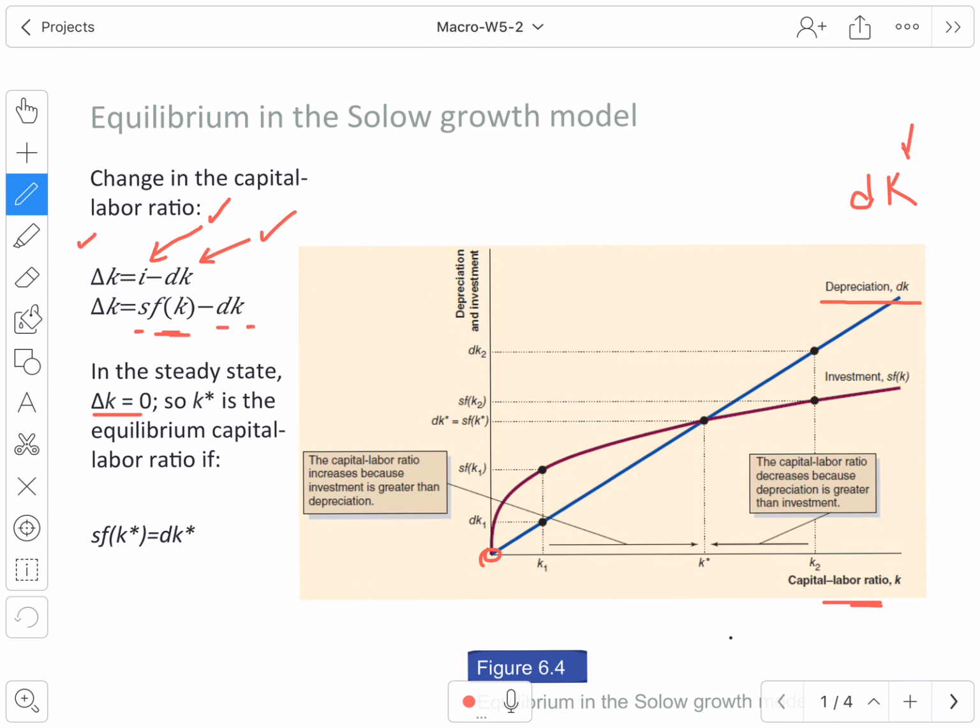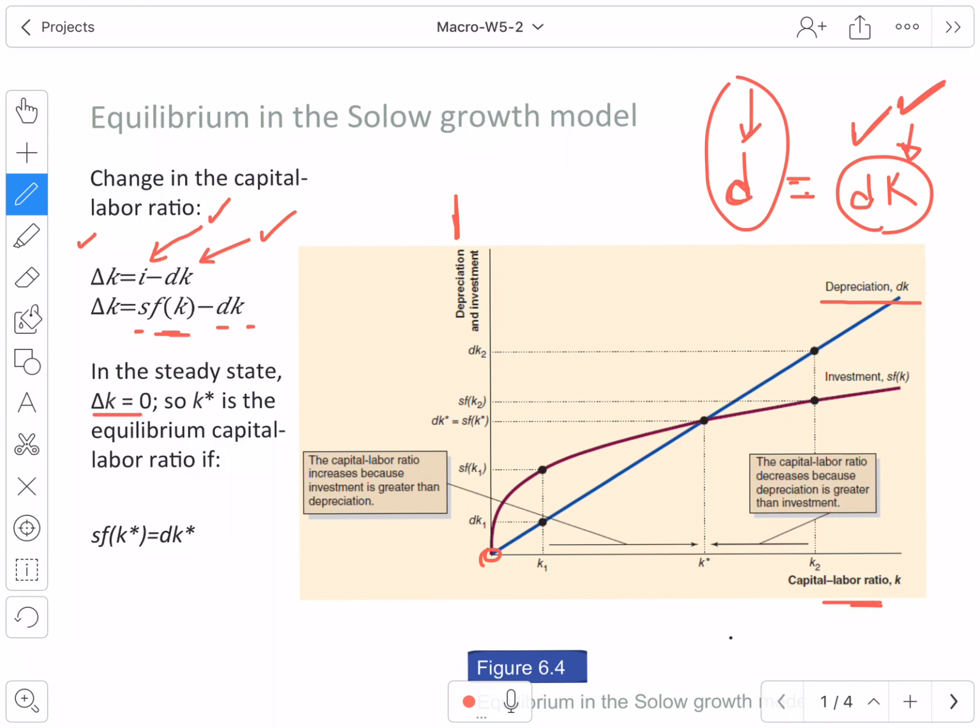If the k is equal to 0, then the whole thing, which is called depreciation, is going to be equal to 0. If the k is equal to 0, multiplied times whatever ratio we have, this thing is going to be equal to 0. So we're going to start from the origin. So the blue line is called the depreciation, which is dk.